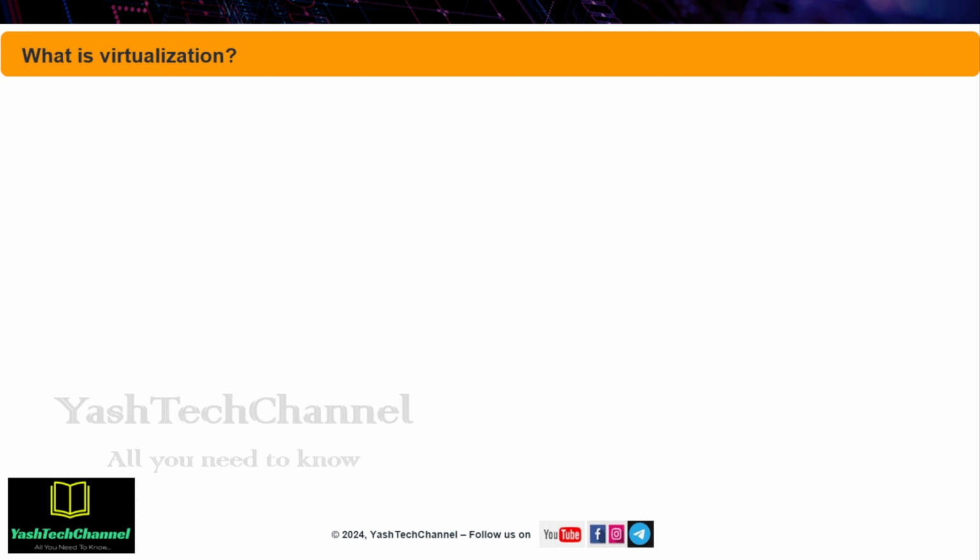Then this is where virtualization software comes into the picture. Virtualization is nothing but creating multiple virtual machines on a single physical system by sharing the physical server or system's devices such as storage, network and other related components.